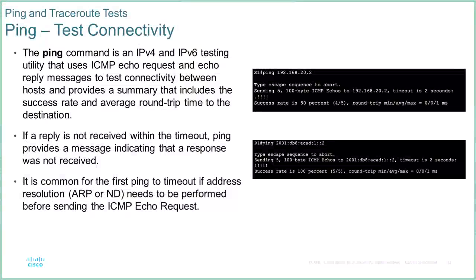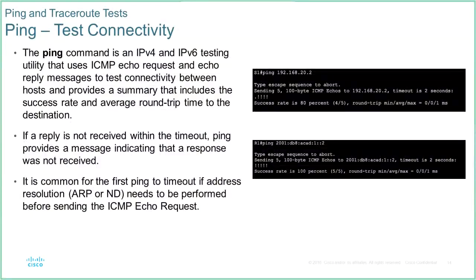By default in Linux, it's a continuous ping, so you actually have to do a control break, which is generally Control C, to stop the ping command from continuing in Linux.